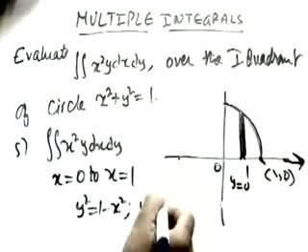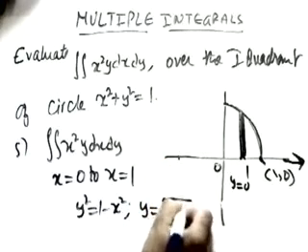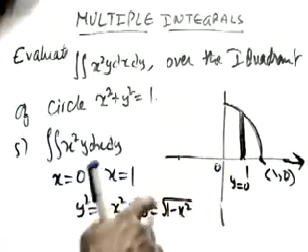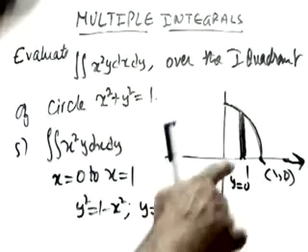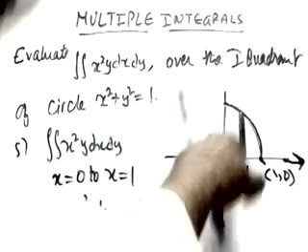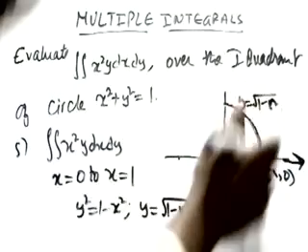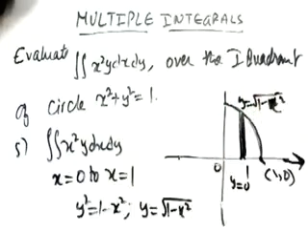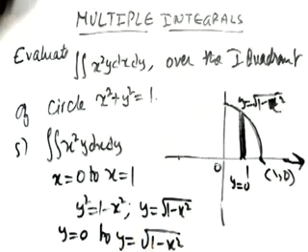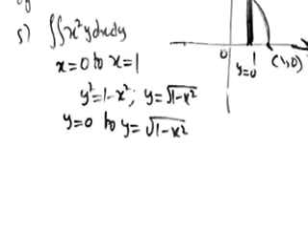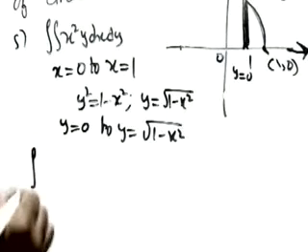You take only the positive value because we are not taking the second and third quadrants, so y equals under root of 1 minus x square. If it were the whole circle, we would take plus or minus, but we are not taking the negative part. So these are the values of y: y equals 0 to y equals under root of 1 minus x square. So let us start integrating.